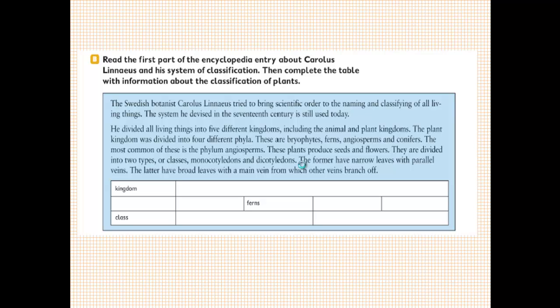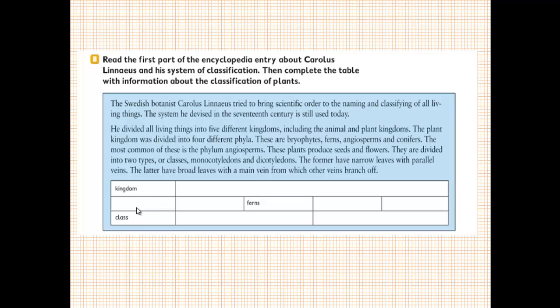Now, after reading this text, we can look at the table under it. We have here kingdom. Here we talked about the kingdom of plants. After that we have phyla.